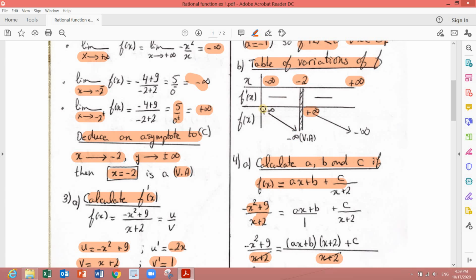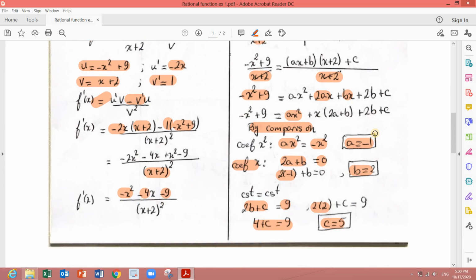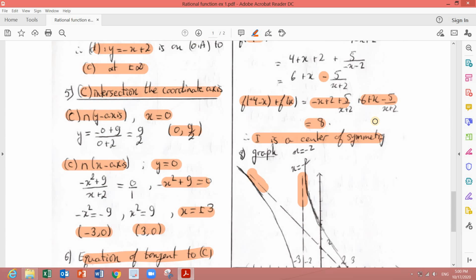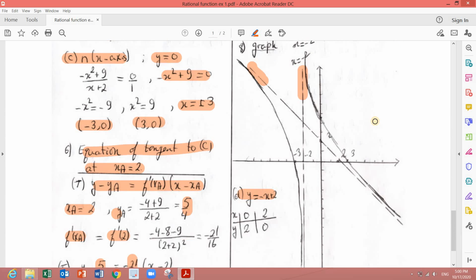Here it starts from near the oblique asymptote and goes down near the vertical asymptote. The second branch starts from minus 2, plus infinity, near the vertical asymptote, and goes down near the oblique asymptote. It is better to use your calculators, mode 7, the table mode.